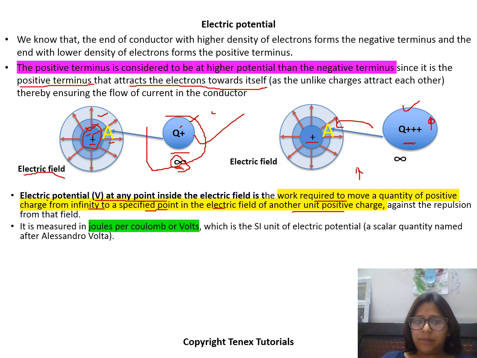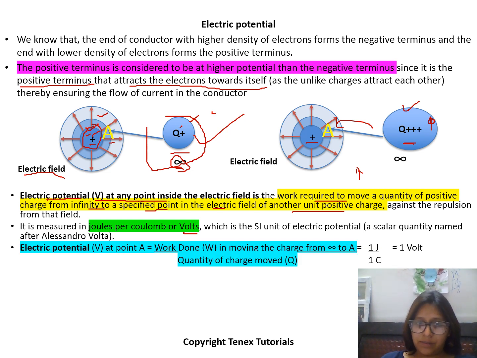So electrical potential is measured in a quantity which is referred to as volts. There is an equation by which we can actually calculate the amount of electrical potential. So electrical potential at any point A is equal to the work done in moving charge from infinite distance to A, divided by the quantity of charge that is moved.